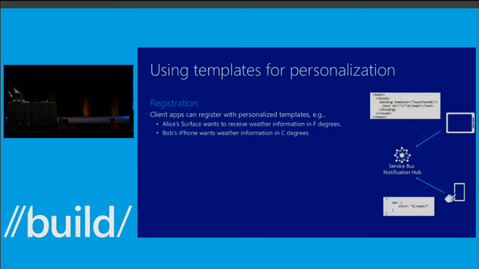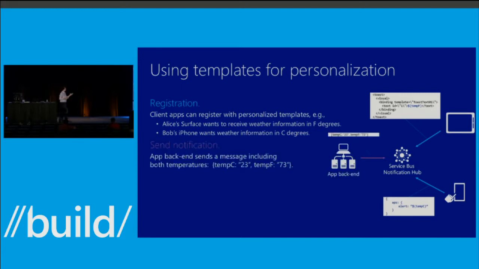And an iPhone wants to receive the temperature in Celsius degrees. What happens is that the backend can send both temperatures, both pieces of information, and then the notification hub will provide a personalized notification to each one of the devices.